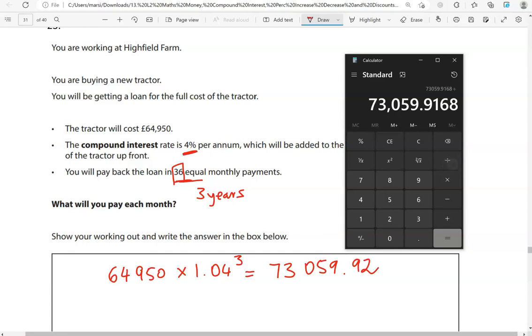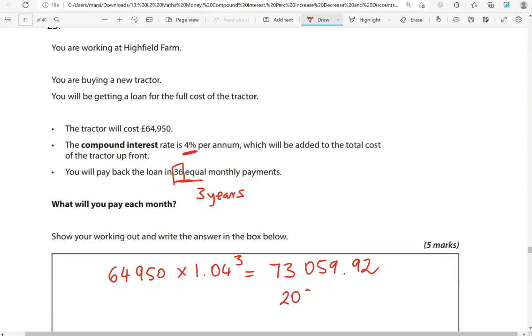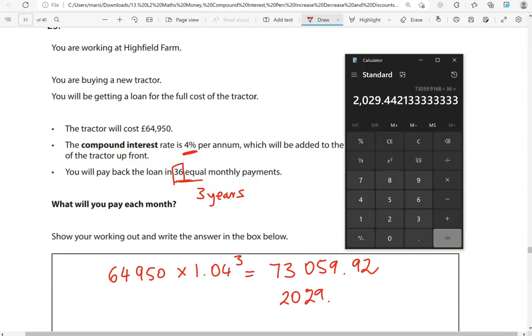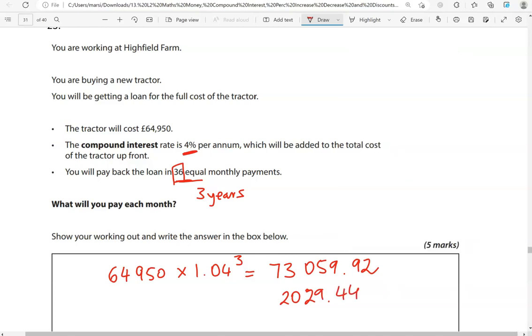Dividing this by 36 gives us £2,029 and 44 pence.